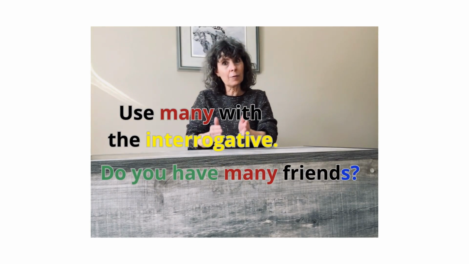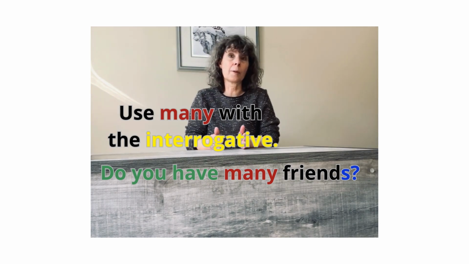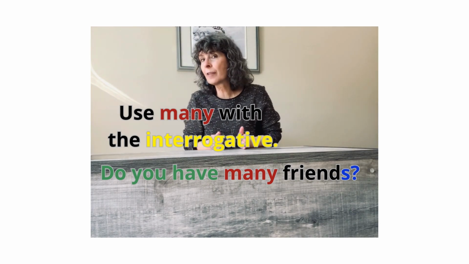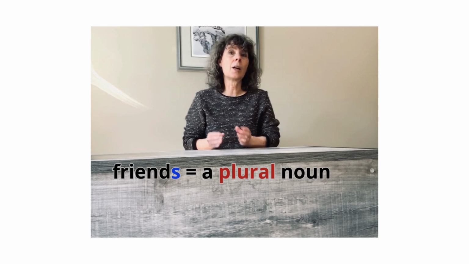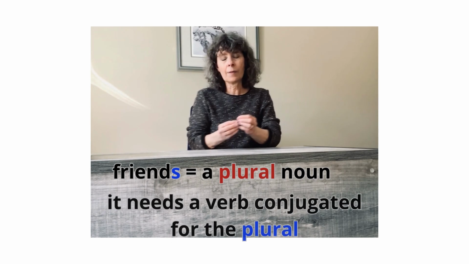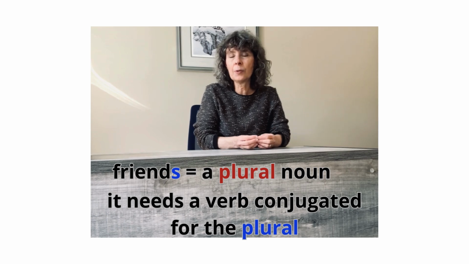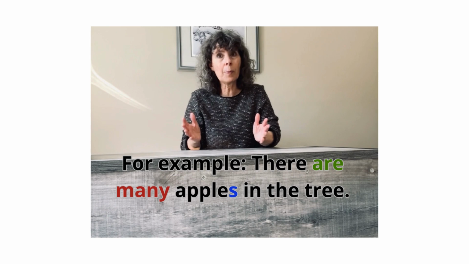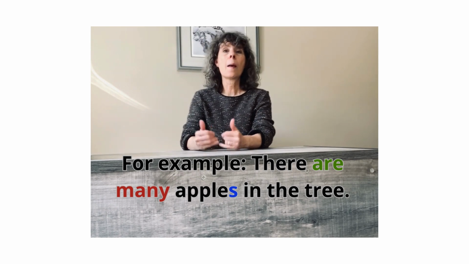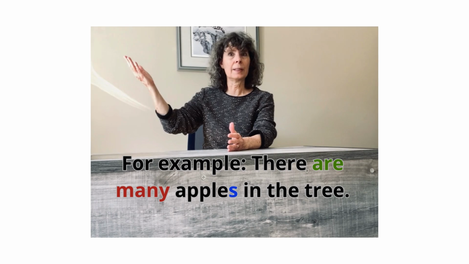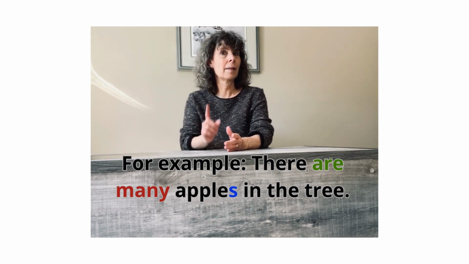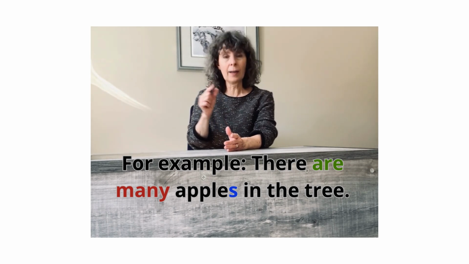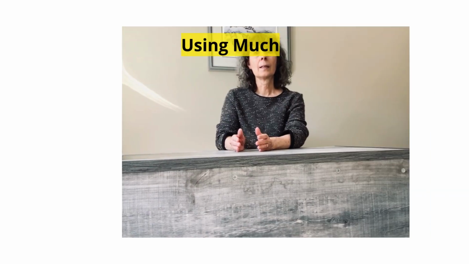And for the interrogative, the question form, do you have many friends? And because this is a plural noun, the verb that you use needs to be conjugated into the plural. So for example, there are many apples in the tree. There are has been conjugated into the plural.